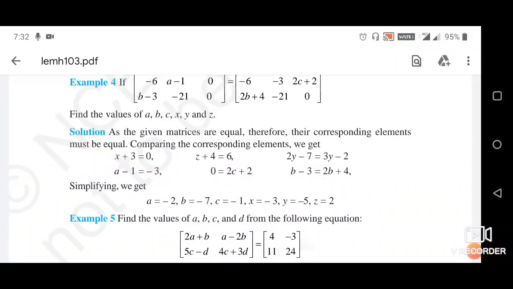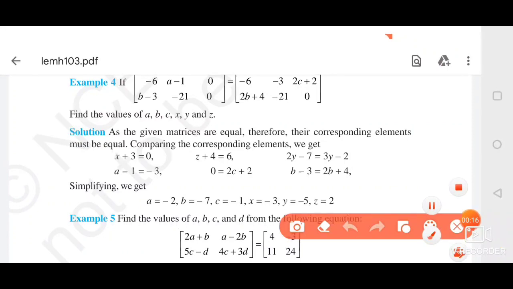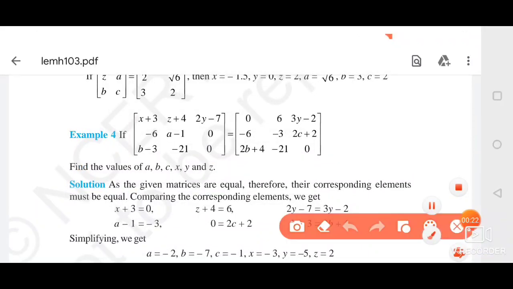In example 4, it is given that if two matrices are equal, find the values of a, b, c, x, y and z. So from the given matrices, we can say that these two matrices are of same order and the order is 3 by 3.